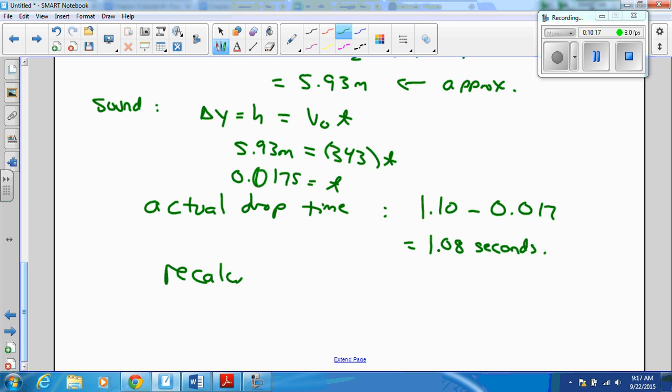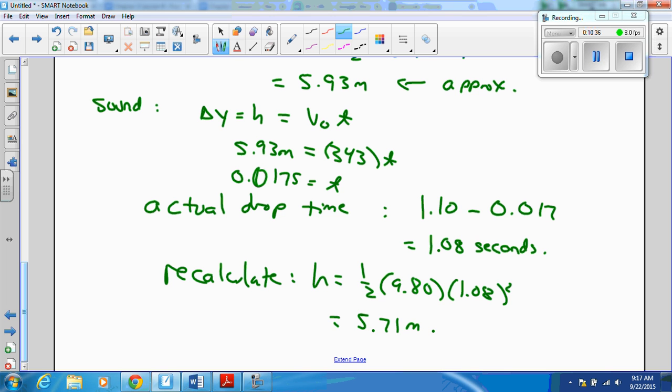And I can recalculate: h equals 1/2 of 9.80 times 1.08 squared, which gives me 5.71 meters. So notice that the height is actually a little bit shorter if we measure it in this way.